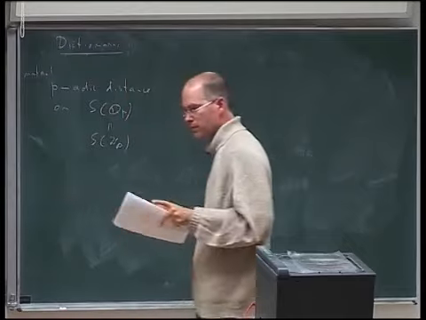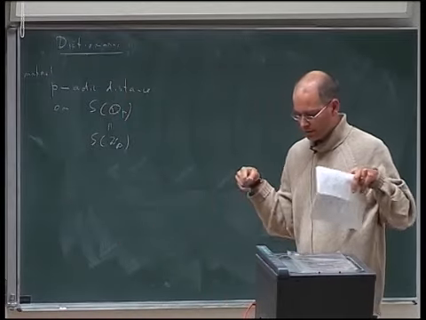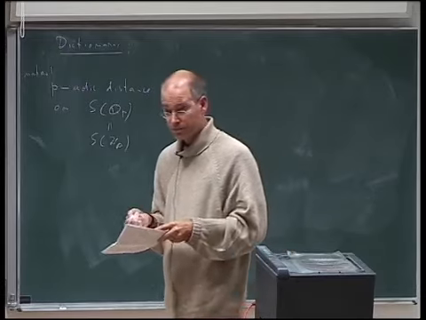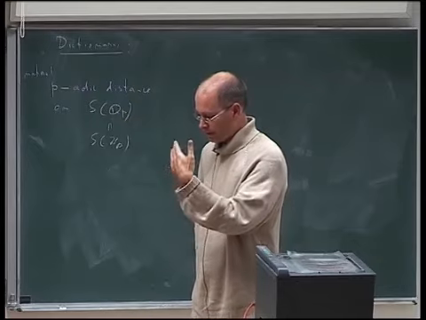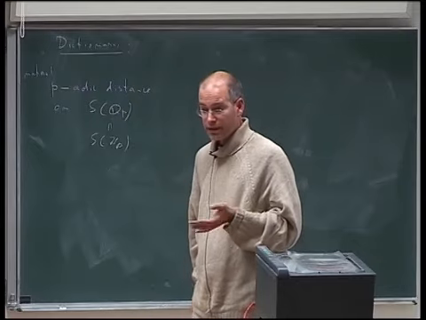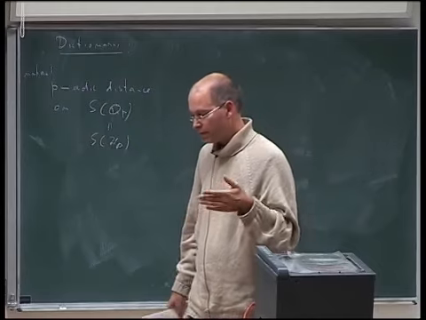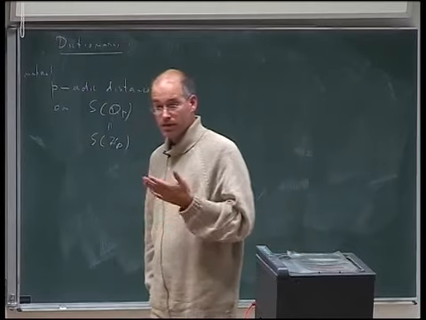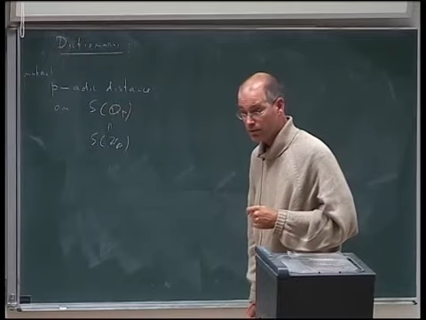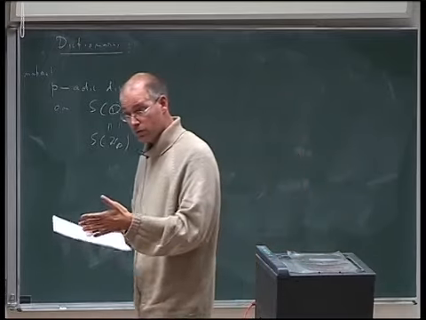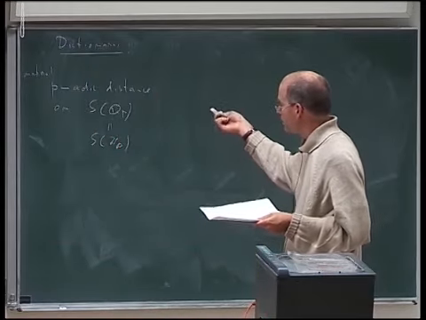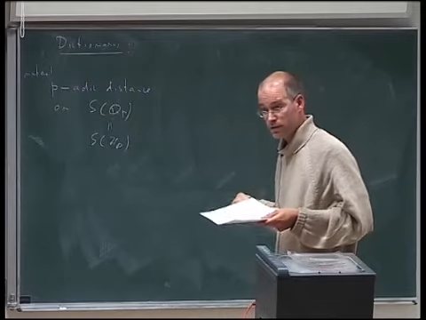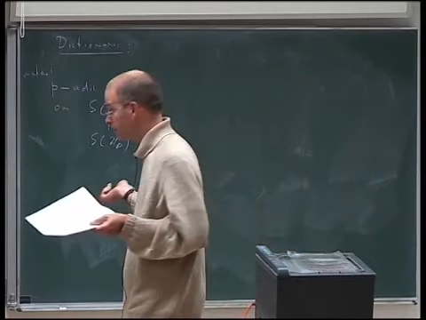You take those two points and reduce them mod p, and if they don't coincide, then they're at maximal distance. If they coincide up to order p, or p squared, p cubed, and so on, the distance becomes smaller and smaller. So the p-adic distance comes for free once you've got the scheme S over Z.